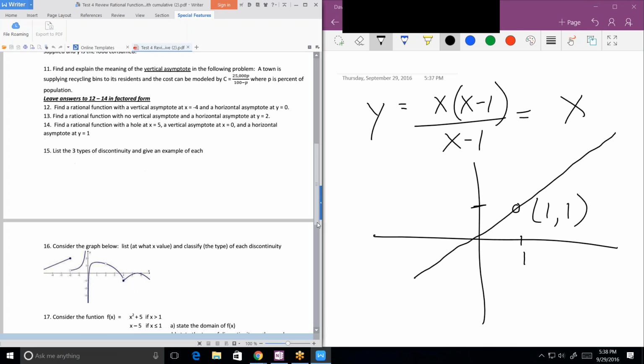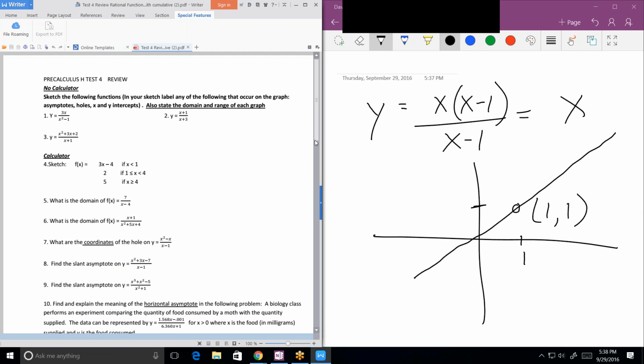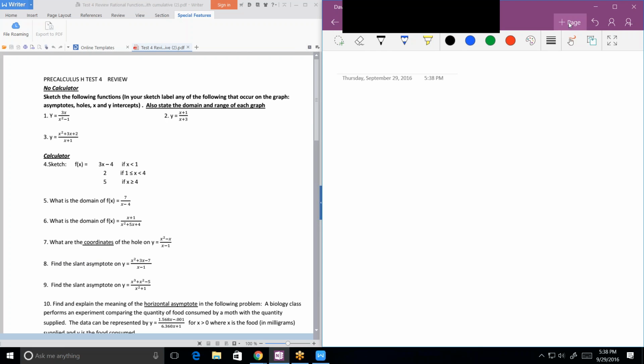Slant asymptotes. Hold on. There's 3 situations. There's this situation. What's the horizontal asymptote? 2/3.